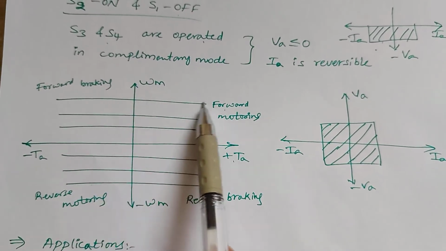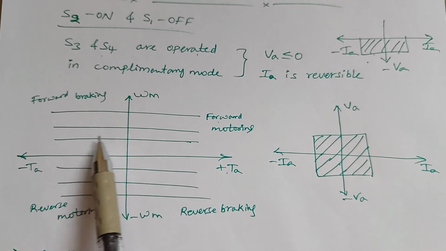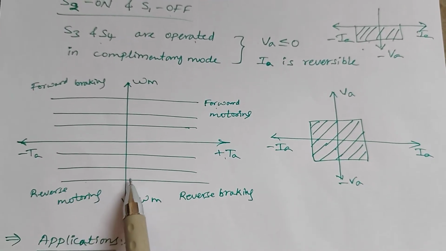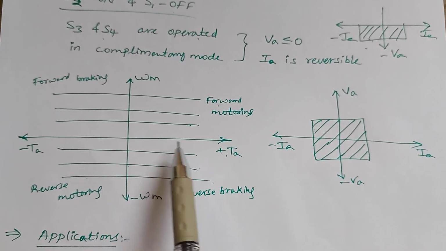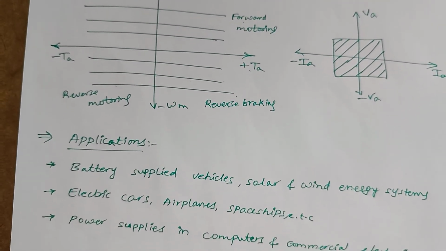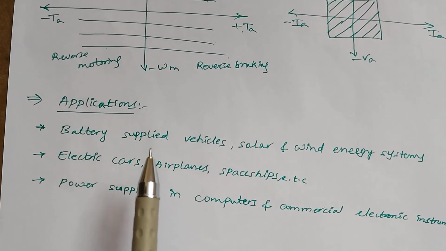The forward motoring can be extended to the braking mode, so that you get the forward braking mode of operation. And reverse motoring, if you extend that characteristic into the fourth quadrant, will be the reverse braking operation also. These are the speed torque characteristics of the four quadrant operation. There are a few applications like battery supplied vehicles.